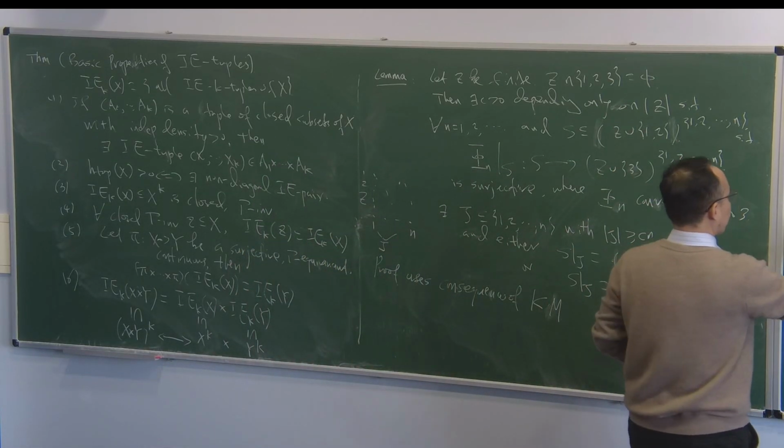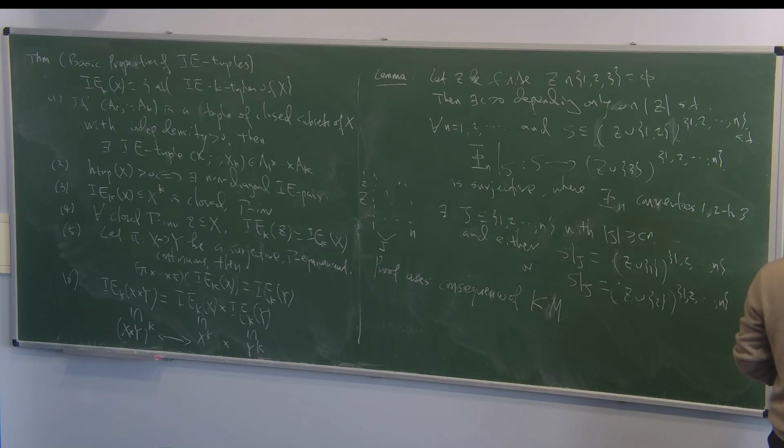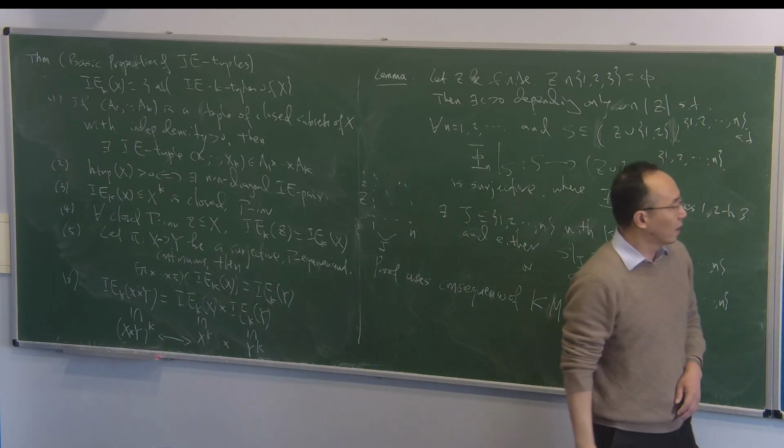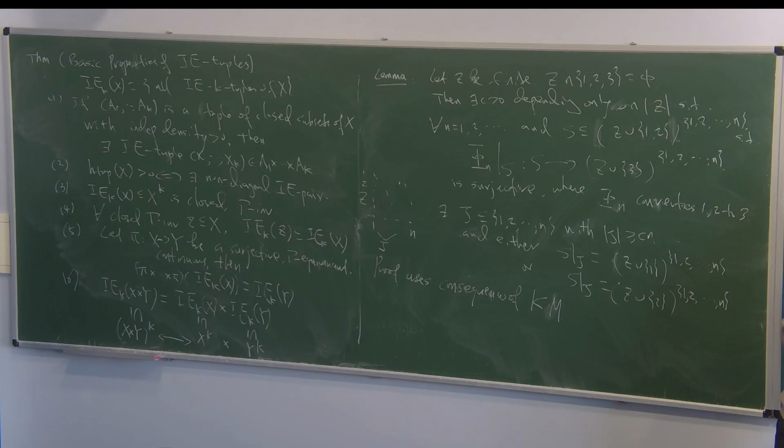Then you use this lemma, you can get that there exists maybe J prime contained in J, such that the size of J prime is at least C times the size of J, and this is an independence set for A1 1, A2, and AK, or an independence set for A1 2, A2, and AK.